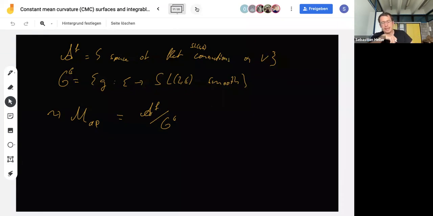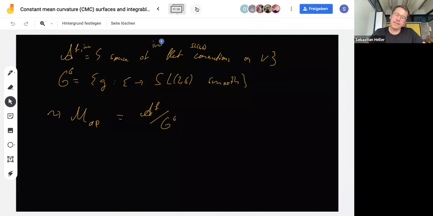It's a complex analytic variety, but in general it has non-smooth points. If we restrict to irreducible flat connections, where irreducible means we do not have any parallel sub-bundles globally, there are no global parallel frames or something like that.